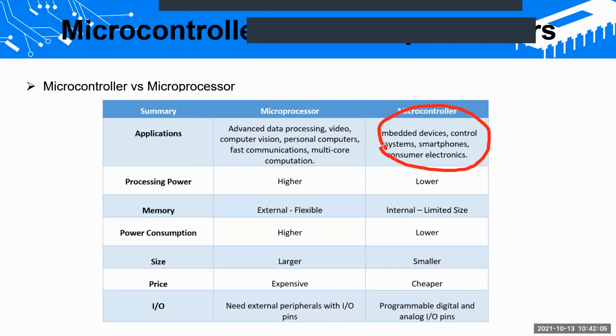Obviously the processing power: in microprocessors, like our personal computers, we have gigahertz level, but in microcontrollers we have megahertz level. That is the difference. But in a physical computing domain, this megahertz level is a very high clock.